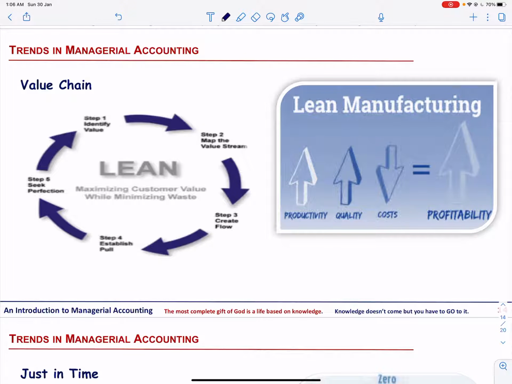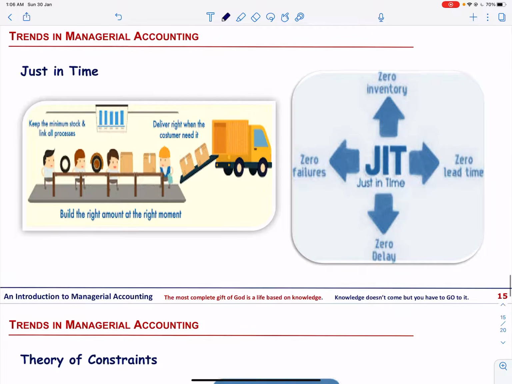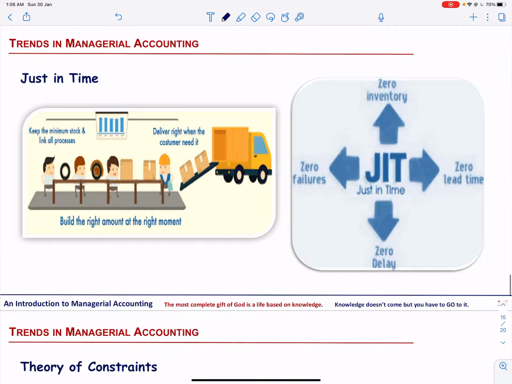Just in time inventory method is another business innovation of managerial accounting. Let me talk a bit about it. This business innovation is the outcome of the focus on value chain. Just in time inventory methods have helped in significantly lowering the inventory levels and cost.